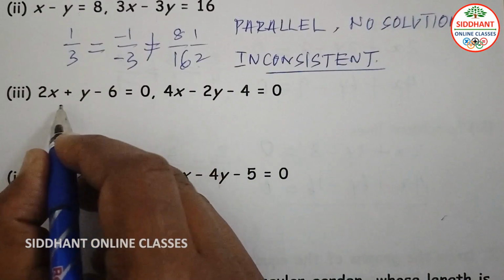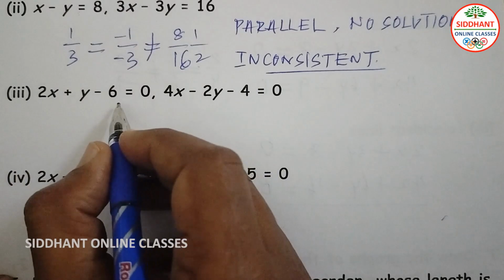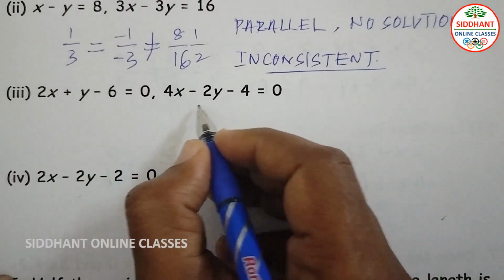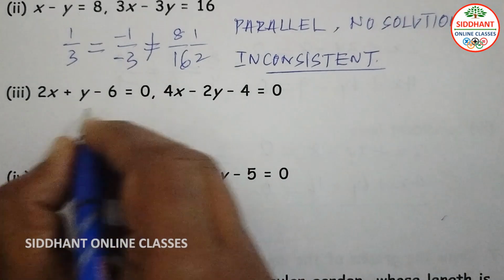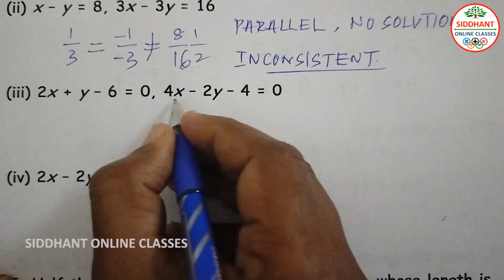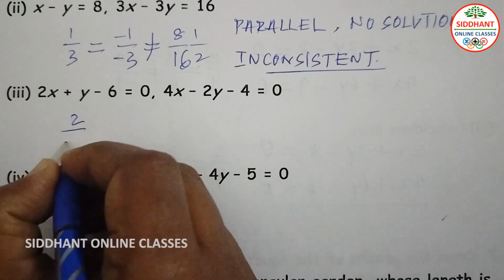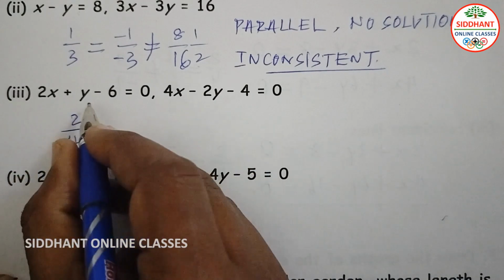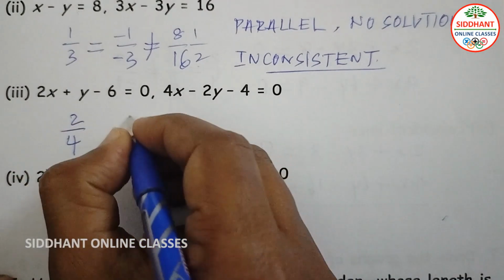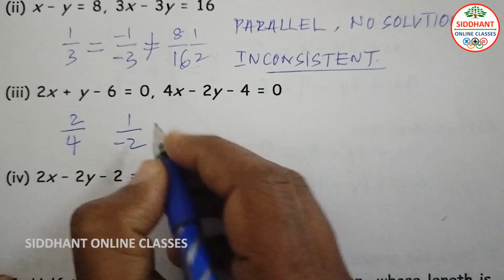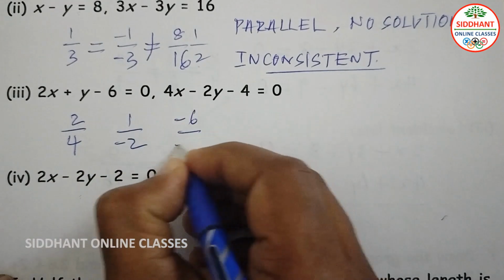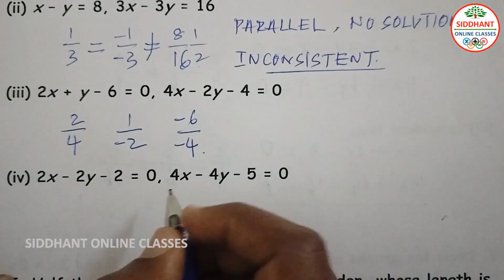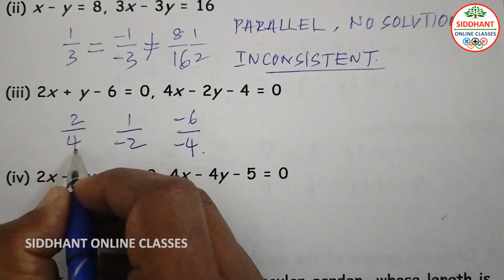Third one: 2x plus y minus 6 equal to 0 and 4x minus 2y minus 4 equal to 0. Here a1 by a2 is 2 by 4, b1 by b2 is 1 by minus 2, and c1 by c2 is minus 6 by minus 4, that is 3 by 2.